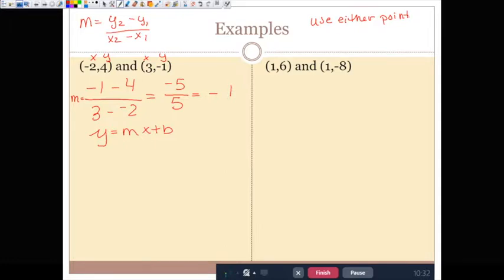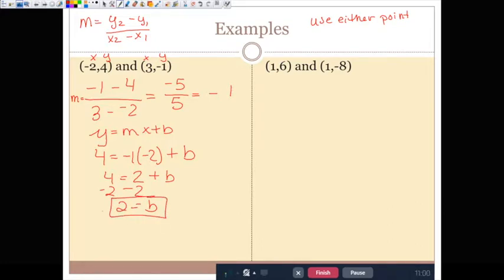But in this case, neither have a 0 in it, so I'm just going to use my first one. So I'm going to substitute a 4 in. I just found m as negative 1. My x is negative 2. I don't know b. So negative 1 times negative 2 is positive 2. I'm going to subtract 2 from both sides. So b equals 2.